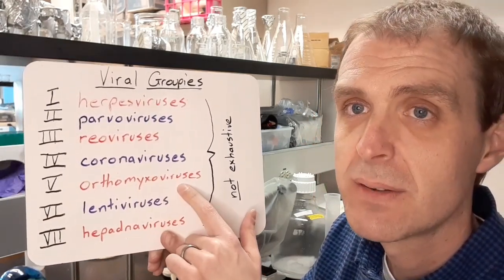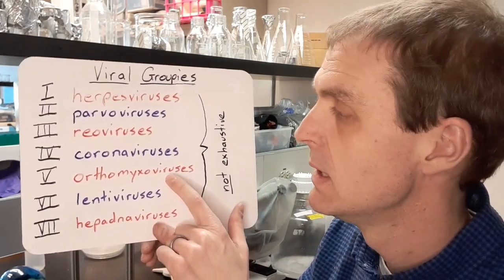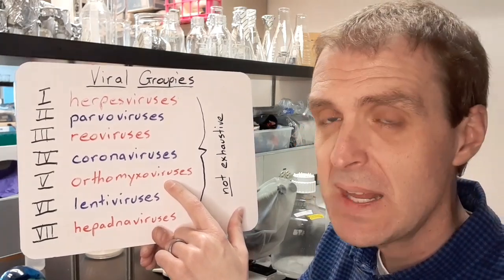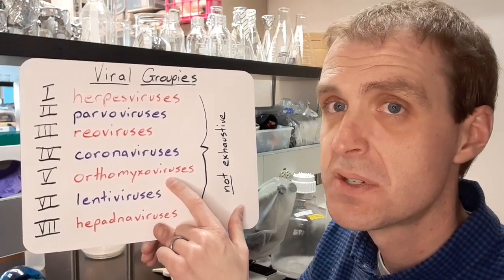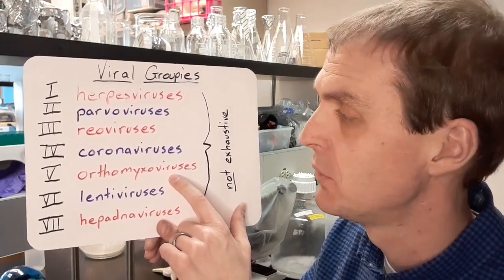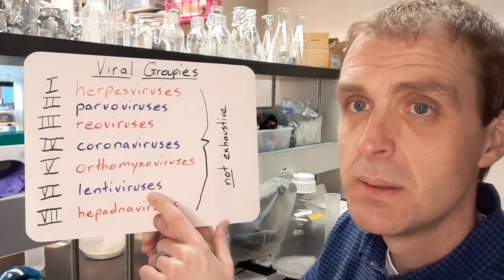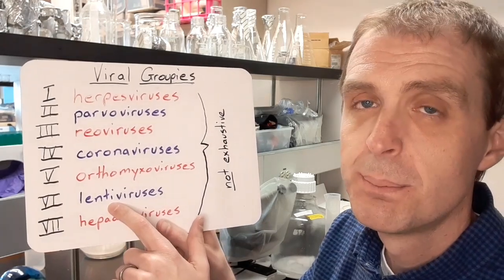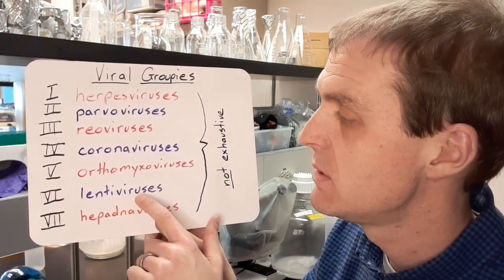Orthomyxoviruses, you might not have heard of that word before, but you probably have heard of influenza virus. Influenza virus is an example of an orthomyxovirus, and influenza causes the flu. So flu is just a shortened version of influenza virus. Okay, then we have some lentiviruses here in group 6. Maybe the most famous of those would be HIV-1 and HIV-2.